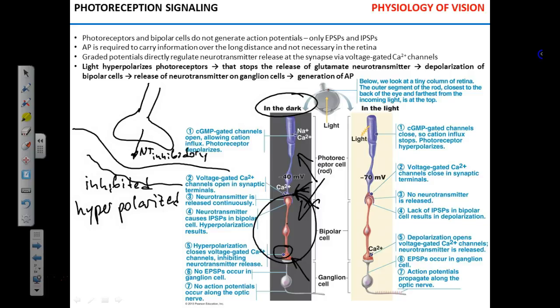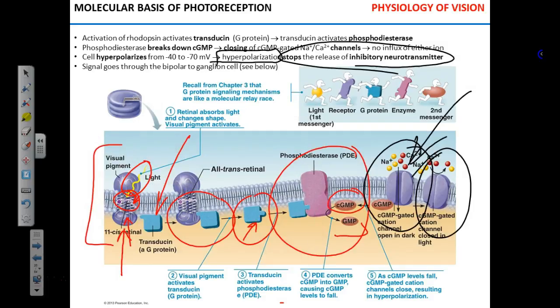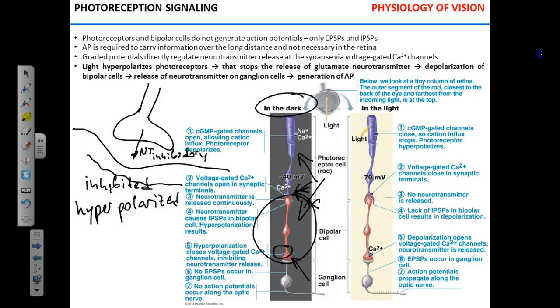What happens in the light? What happens to the ion channels in the photoreceptor cells? They close, right? Which prevents the flow of what? Calcium and sodium. What happens to the photoreceptor cell? It becomes hyperpolarized. Hyperpolarized cell, does it release neurotransmitter? Not anymore.